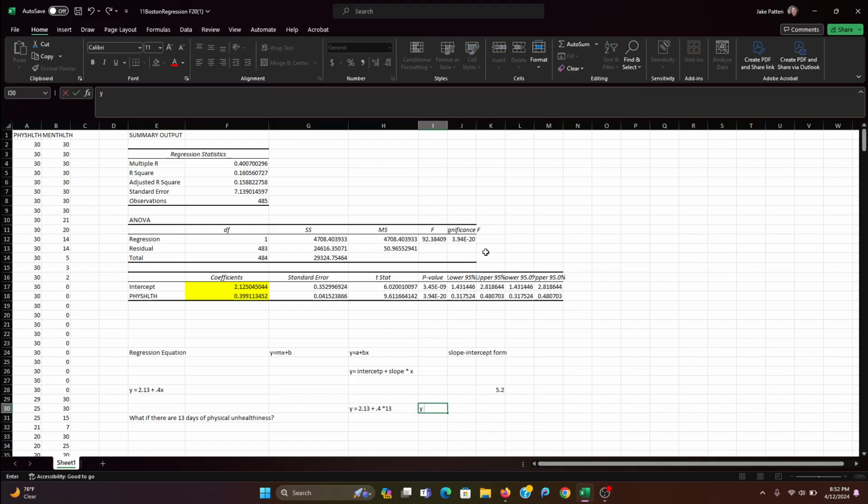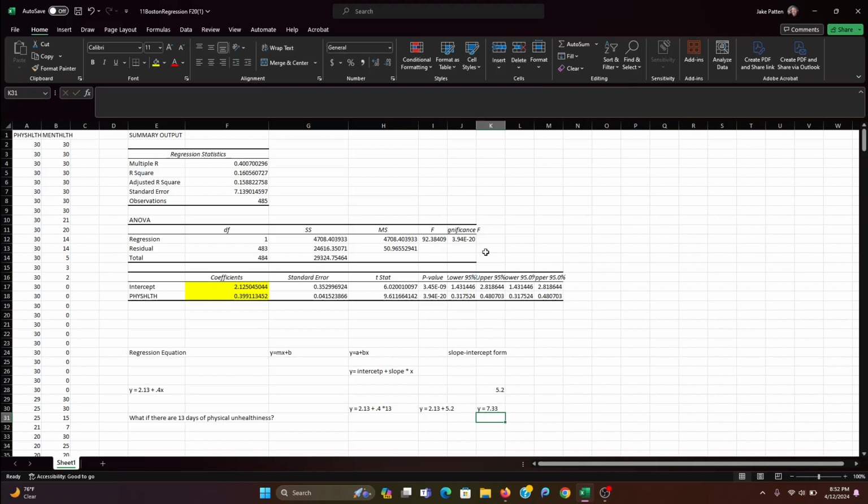So you can rewrite this as y equals 2.13 plus 5.2. And then that means y equals 7.33.